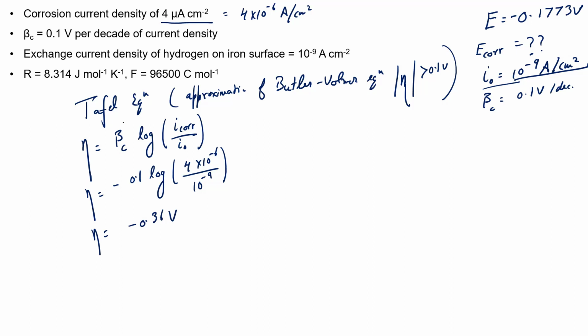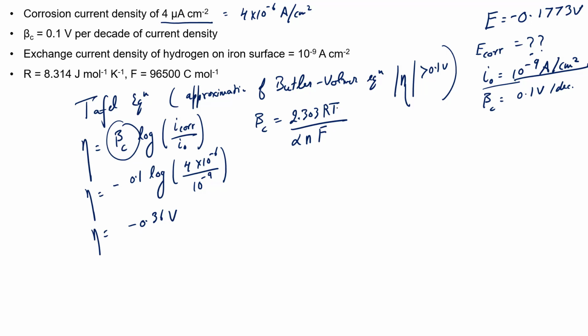Now mind it, this Tafel slope is nothing but 2.303 RT upon alpha n F. Okay. It is a function of different constants.